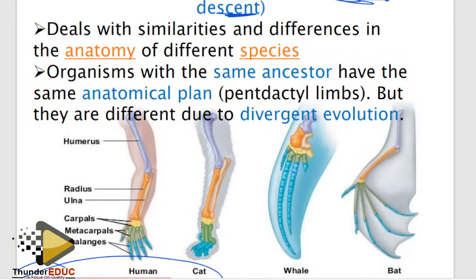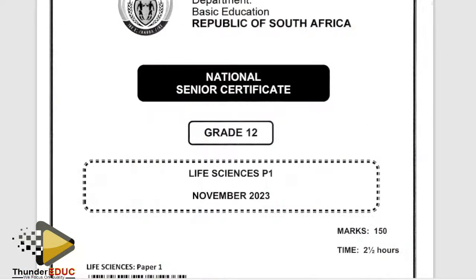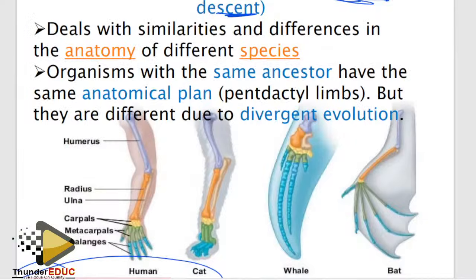All right, guys, on DNA, what are you supposed to focus on when you go to DNA?